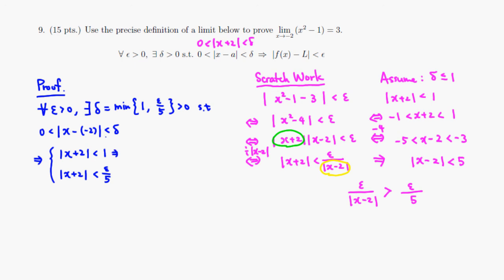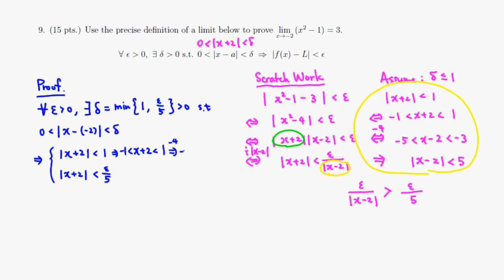So from the first inequality, we can get this. We basically copy this part right here. This means that x plus 2 is between negative 1 and positive 1. Then I'm going to subtract 4, because I want to make x minus 2.